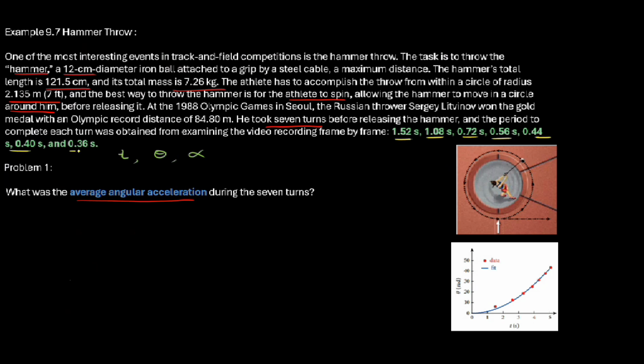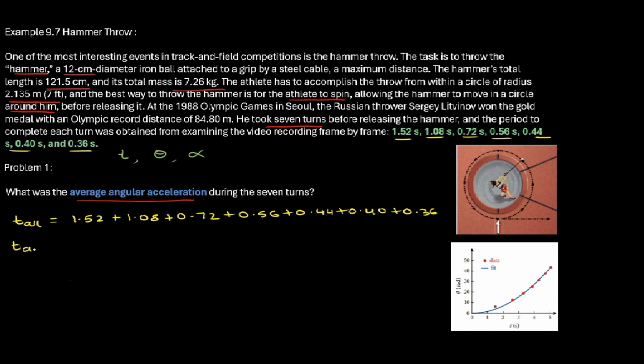And I can find the total time t for all the turns by adding each time value. So let us add them. The total will be 1.52 plus 1.08 plus 0.72 plus 0.56 plus 0.44 plus 0.40 plus 0.36.